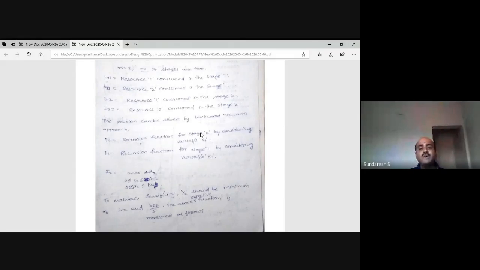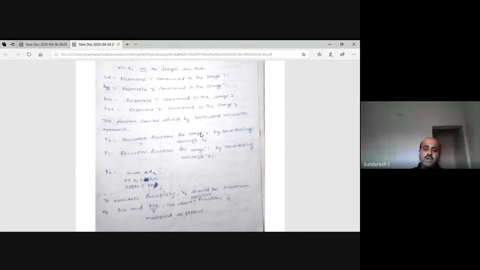Similarly, B12 is the resource 1 consumed in stage 2 and B22 is the resource 2 consumed in stage 2. That way you can see which resource is consumed and in which stage, and that will be used for getting the optimized values of x1 and x2 at the end.